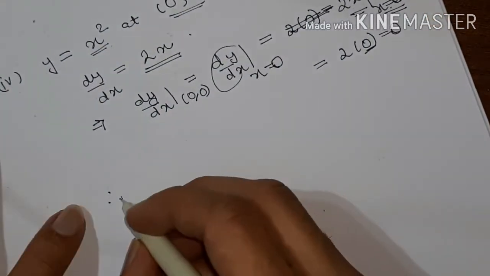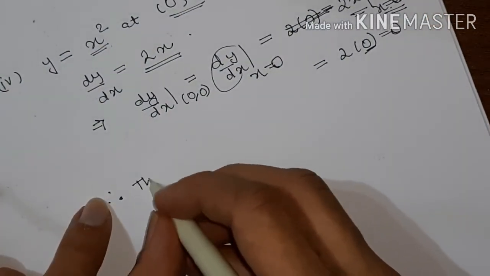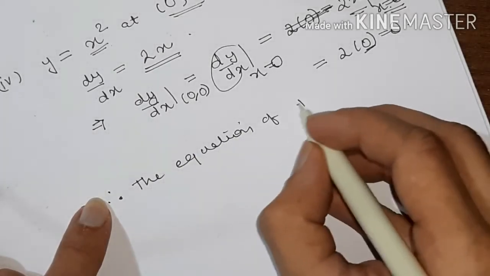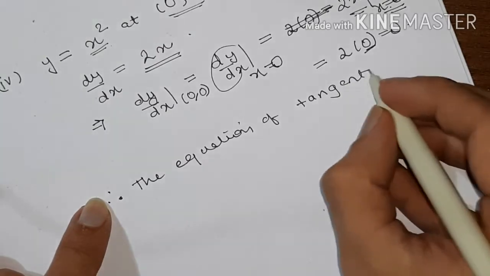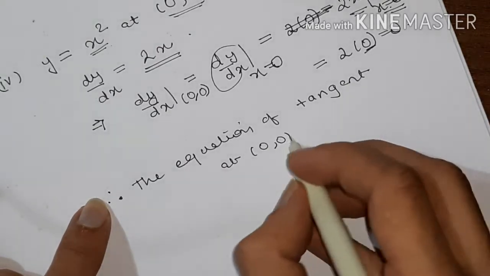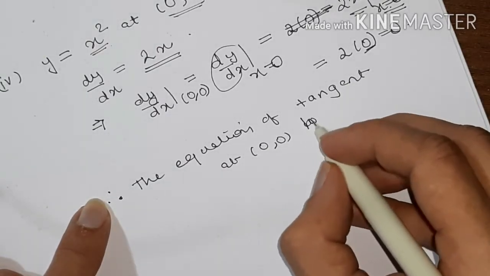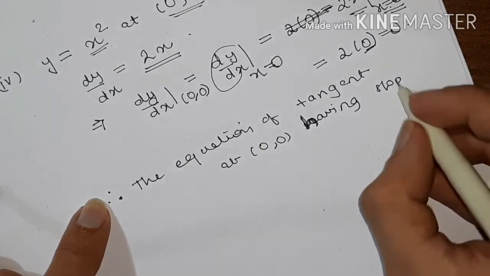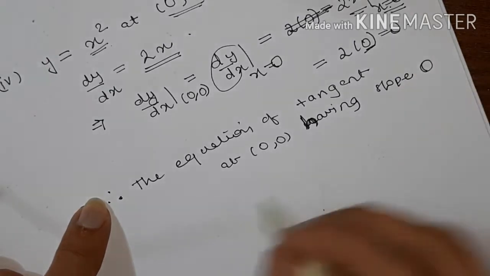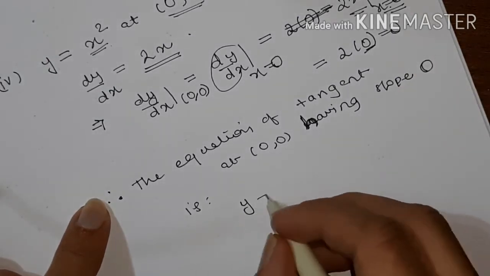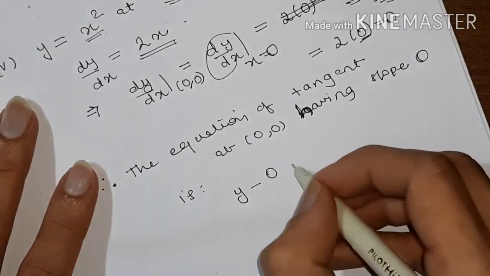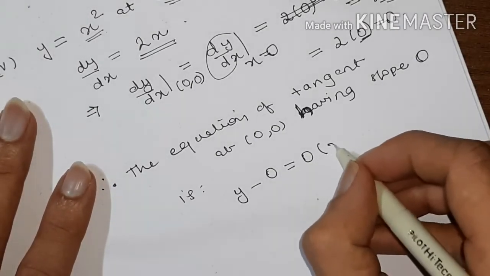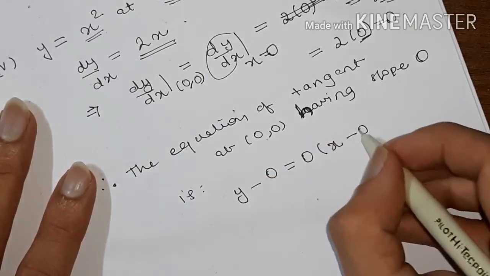Okay, now therefore you can write the equation of the tangent. Therefore the equation of tangent at 0 comma 0 having slope, okay, what, 0, is what, y minus y naught, which is 0, which is equal to the slope, which is 0, times x minus x naught, which is 0.